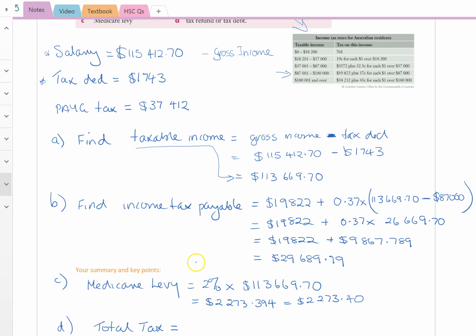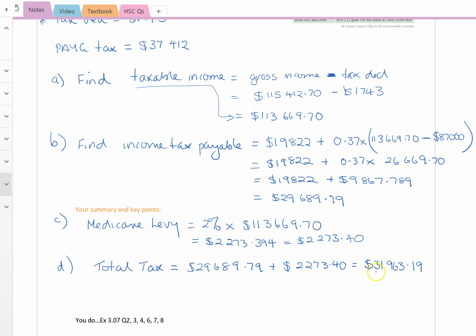Now, total tax is just made up of the two things in Australia. It's the income tax, in this case $29,689.79, and the Medicare, which is $2,273.40. And the answer to that is $31,963.19.